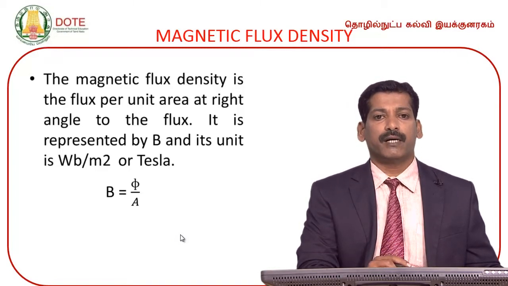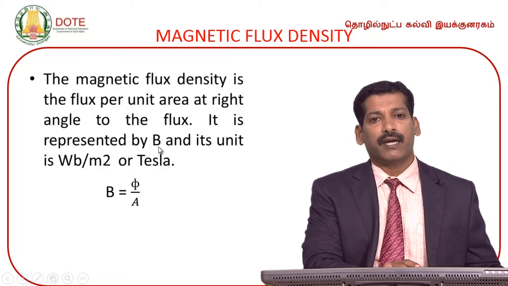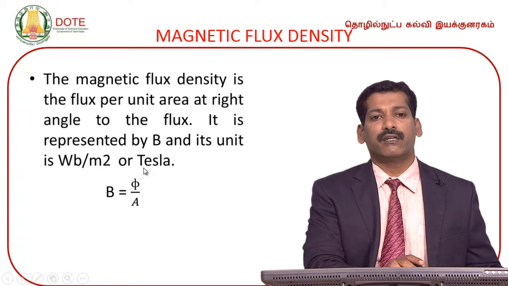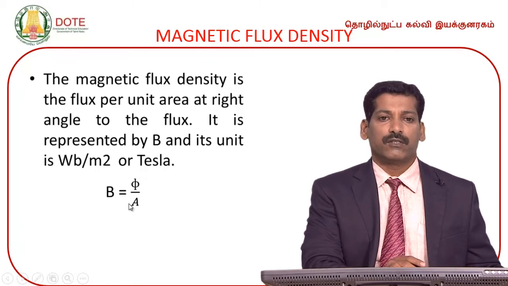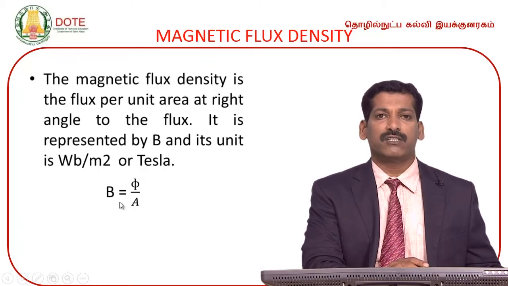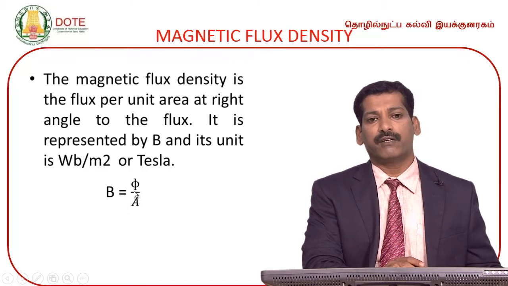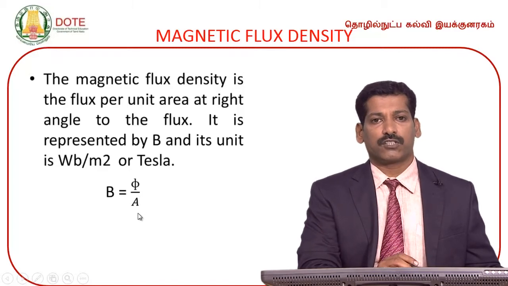It is represented by the letter B and its unit is Weber per meter square, or we can call it Tesla. The magnetic flux density expression is B equals phi by A, where phi is the magnetic flux and A is the area of cross section.